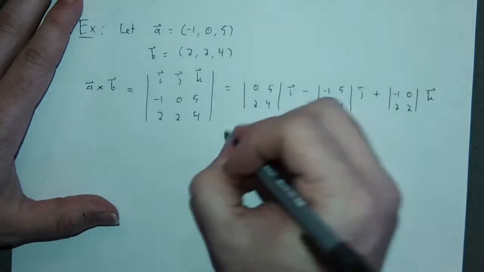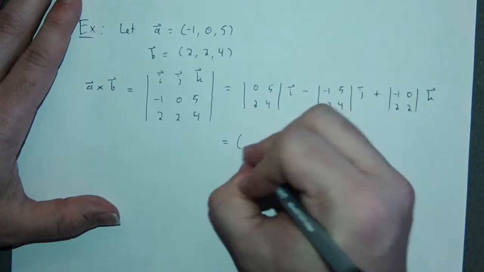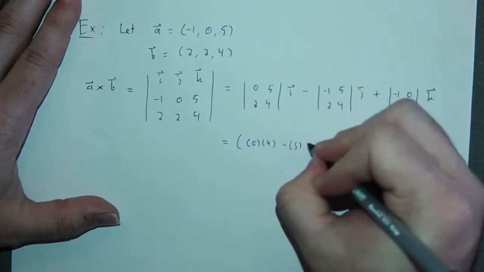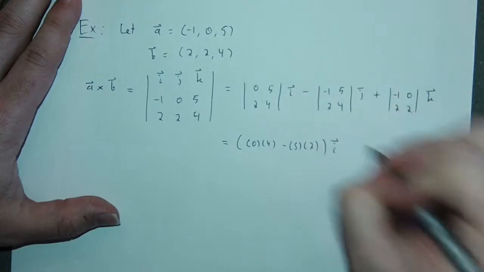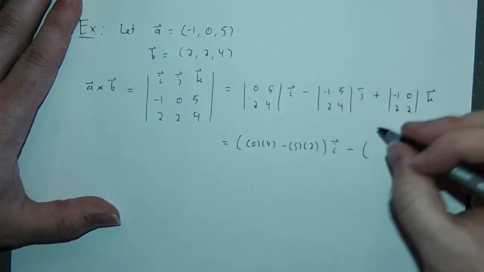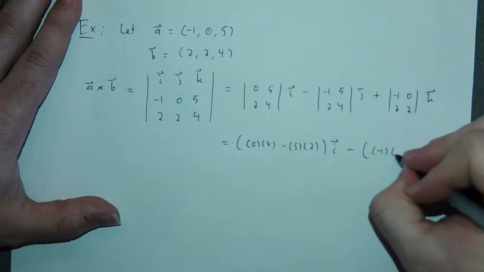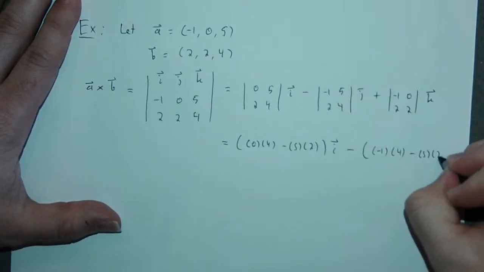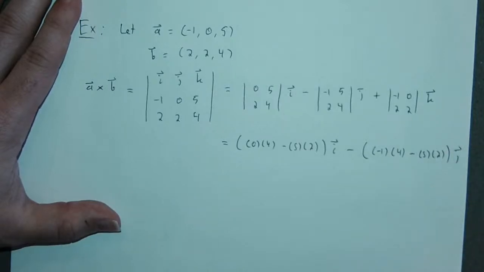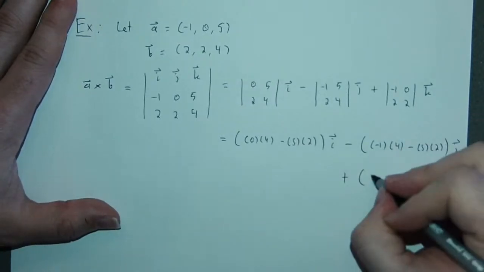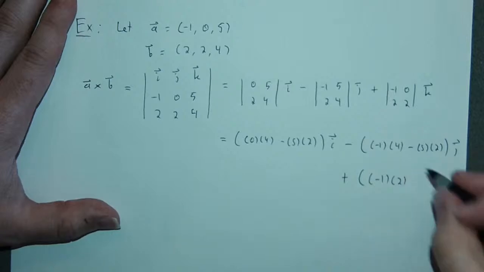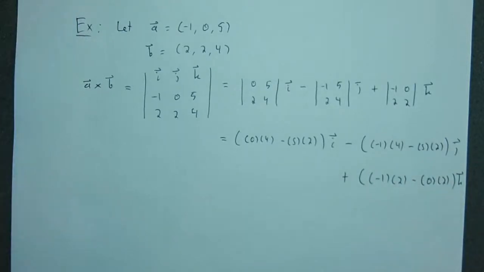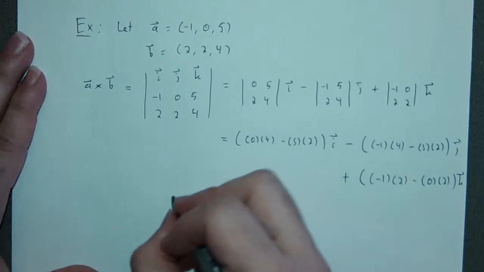Okay, so let's see how this goes. What's this determinant? So this is 0 times 4 minus 5 times 2, times i, minus -1 times 4 minus 5 times 2, times j, plus -1 times 2 minus 0 times 2, times k. Okay, so let's simplify this.